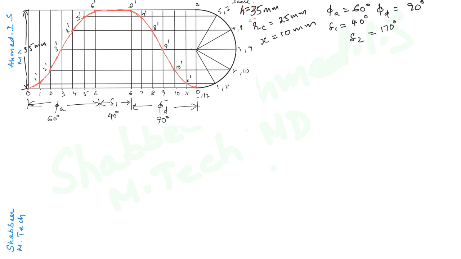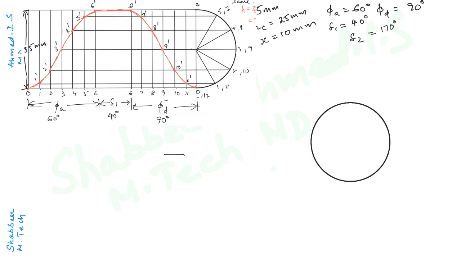drawing of the profile. So now we have to draw a circle, base circle of radius 25 mm. So now we have here a base circle of radius 25 mm.